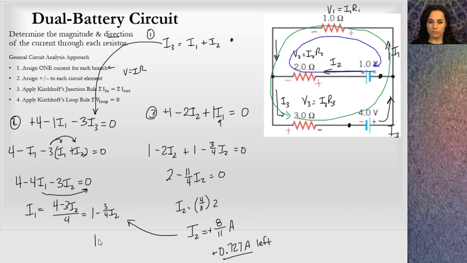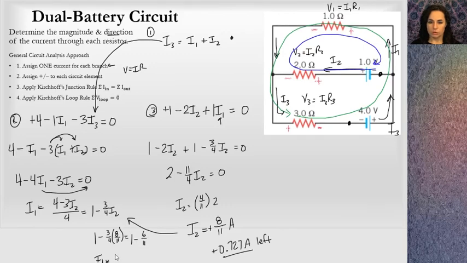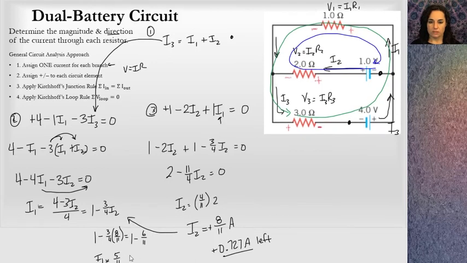I1 will be 1 minus 3/4 times 8/11. So I get 1 minus 6/11, and so I1 equals 5/11 amps. So I1 is also a positive value. I'm getting a positive value here, and I assigned it from right to left, so it is also going in the left direction through that branch.